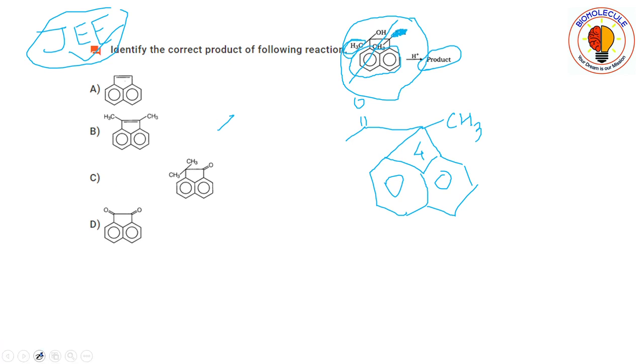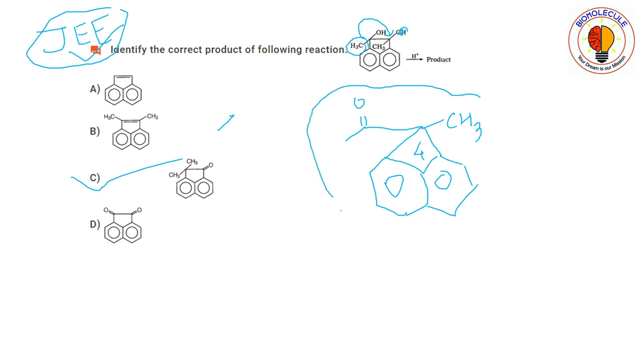Let me clear all this mess. So what will migrate is this CH3 will migrate over this carbocation formed. So what will be our product? Our product will be C, okay. Why this naphthyl group is not migrating?